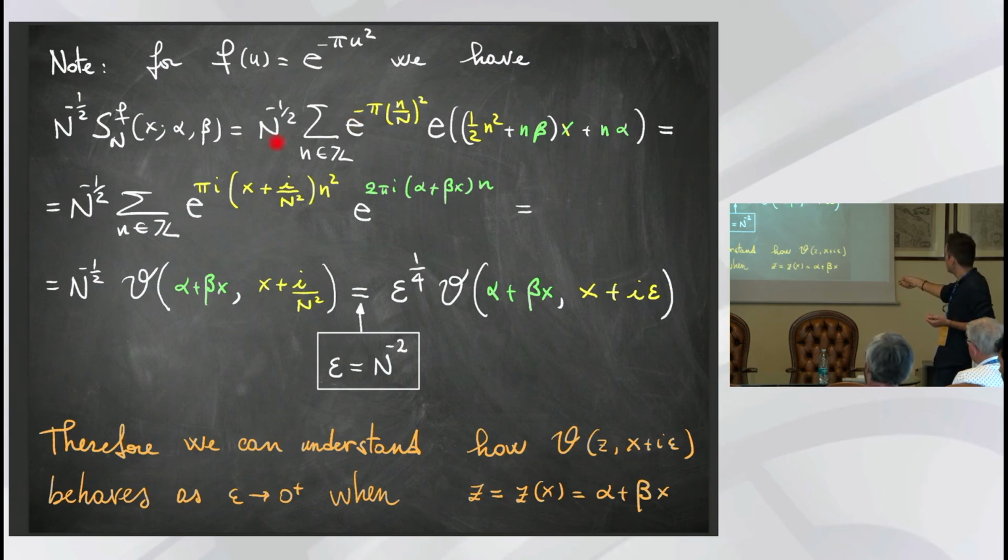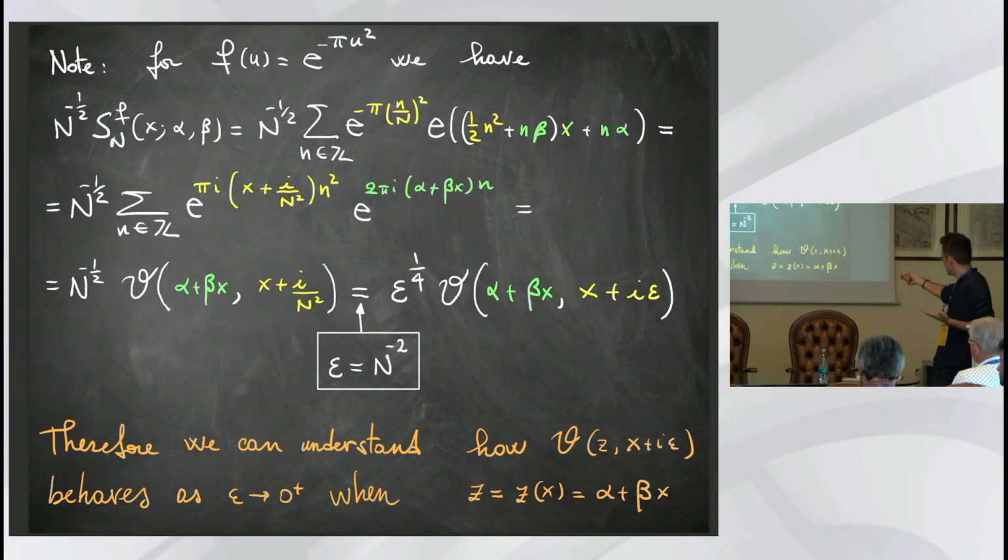So you put i here and another i here. If you do the computation, you can recognize exactly a Jacobi theta function evaluated at z equal alpha plus beta x, and at tau of the form x plus i over n squared. And you have this normalization n to the minus 1/2 in front of it.